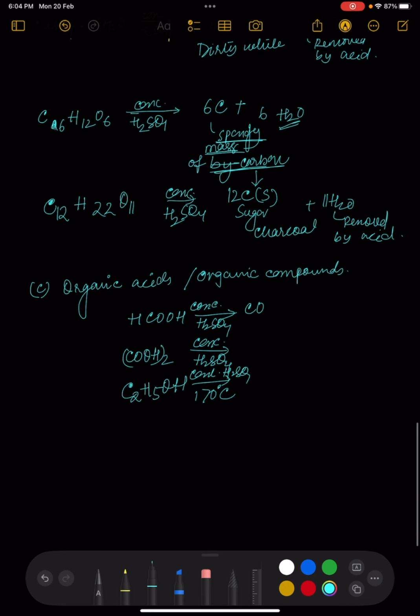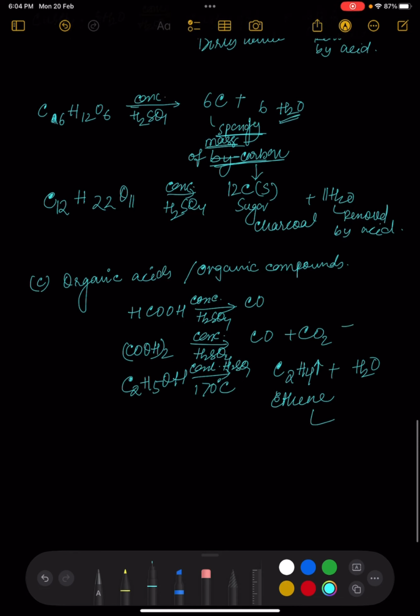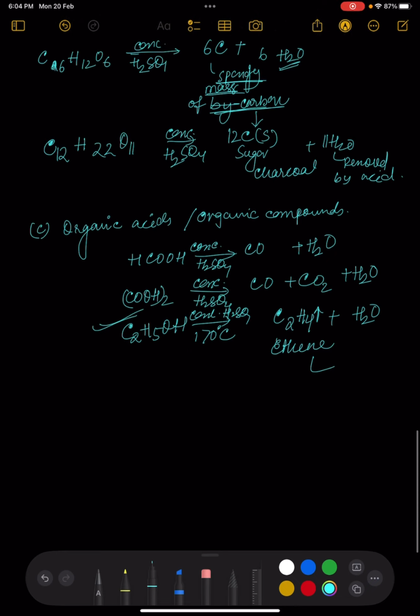So here carbon monoxide and CO2 again, and here C2H4, that is ethene, is formed, and water. Ethene gas is liberated. This process is used in the lab preparation of ethene. That process is also mentioned in my video, you can check it out.